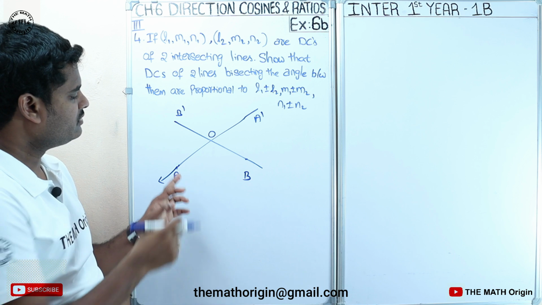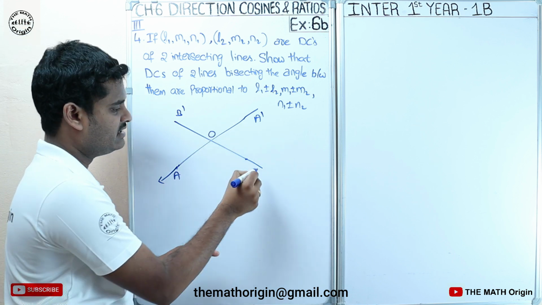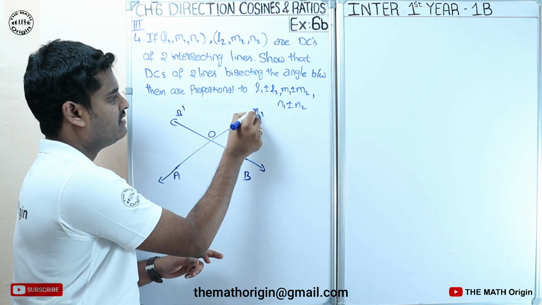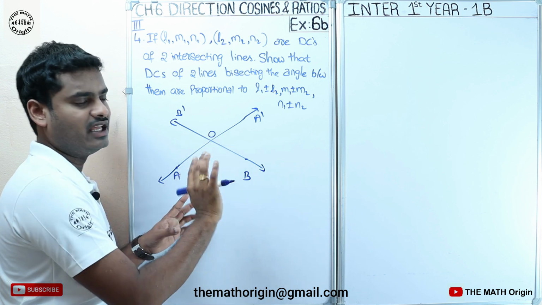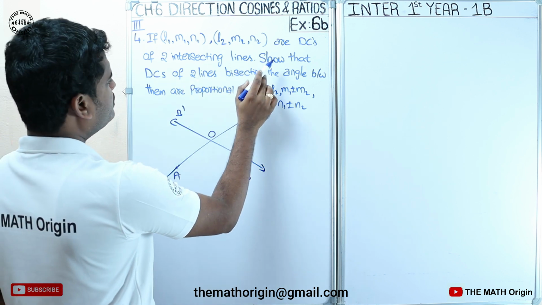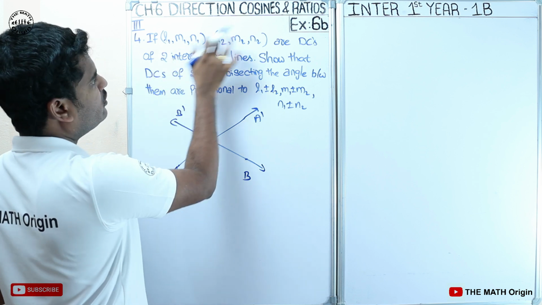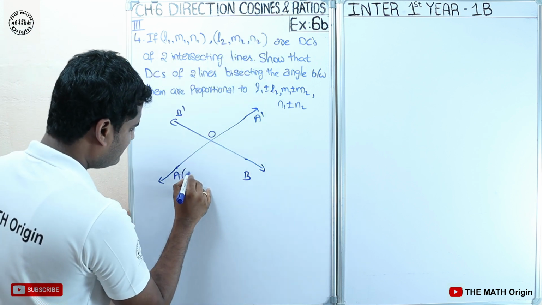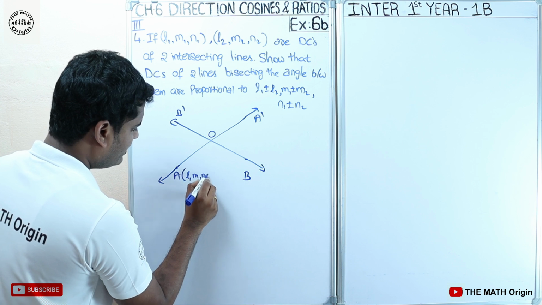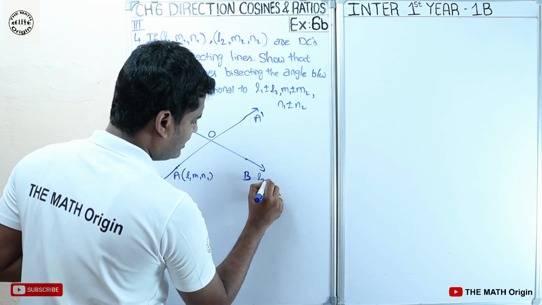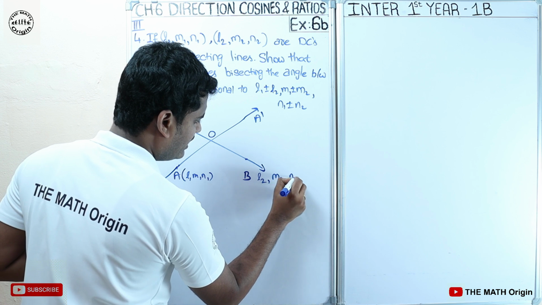Okay, now these two lines are bisecting each other with some angle. We don't know what is that angle. So show that DCs, let's see, 2 points are given, right? Therefore let's take this as L1, M1, N1, here L2, M2, N2.